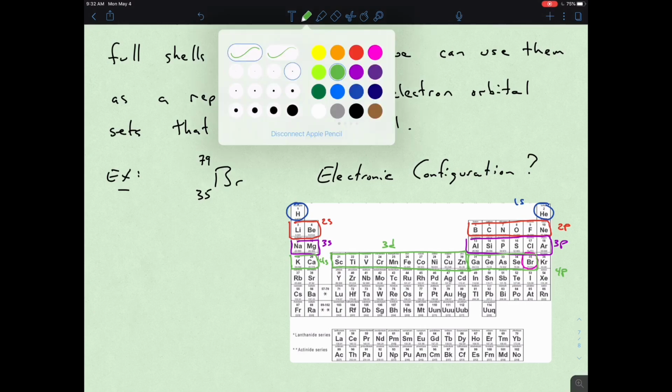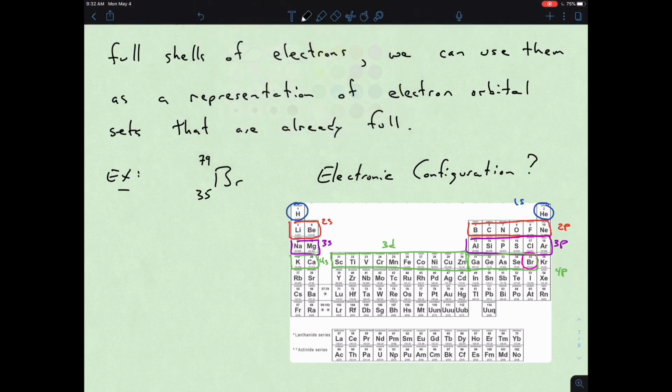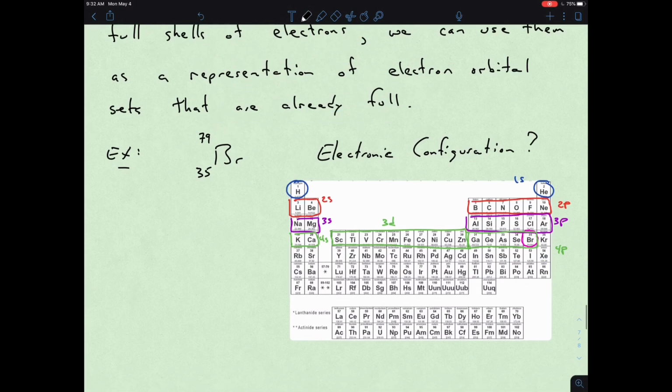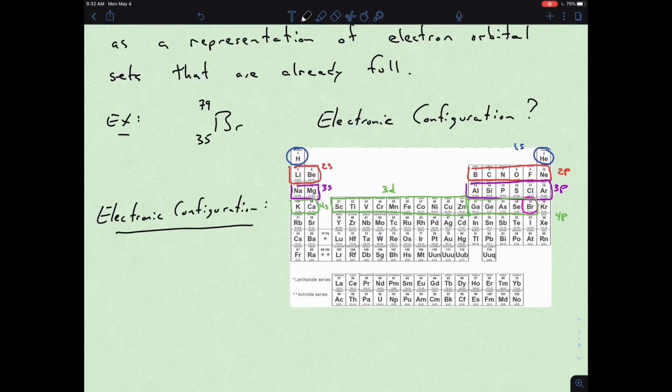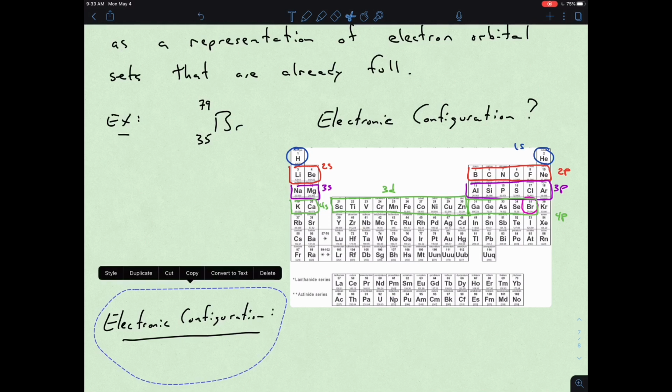So if we were to address that electronic configuration, we have quite a bit there, so I'm just going to bring it down to have space with it.